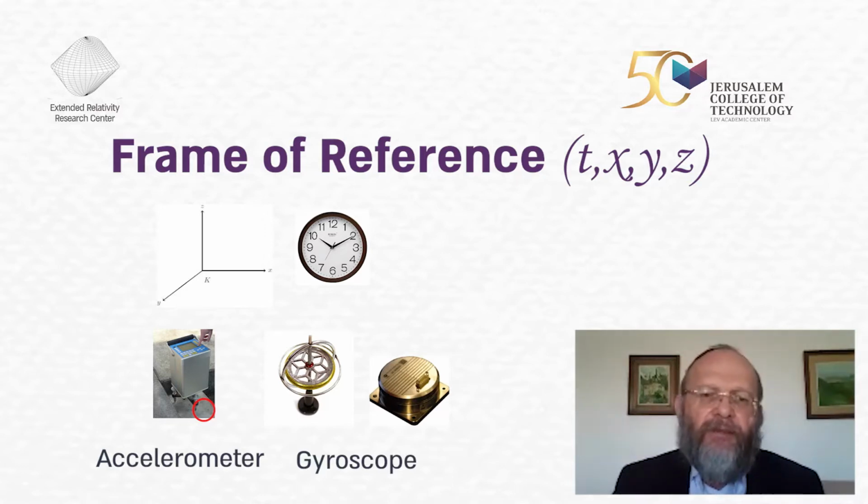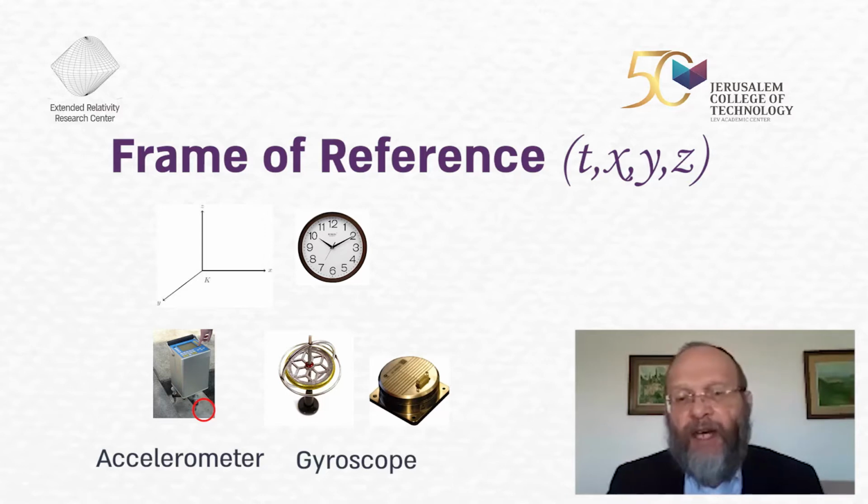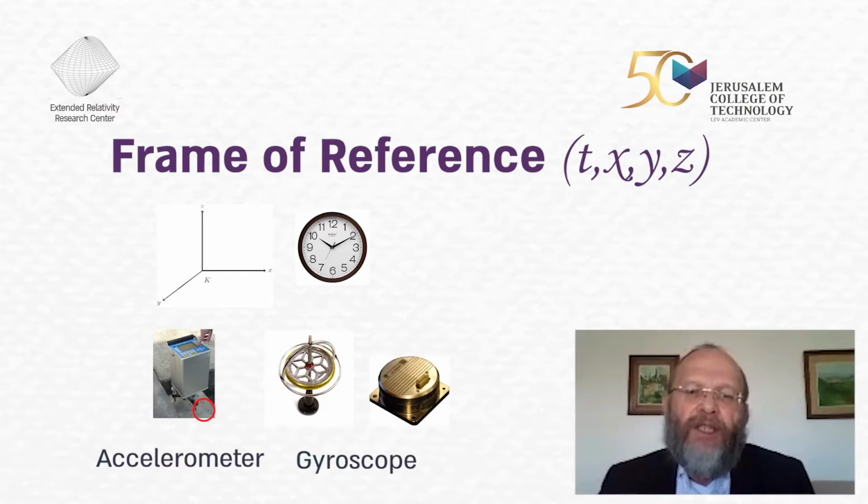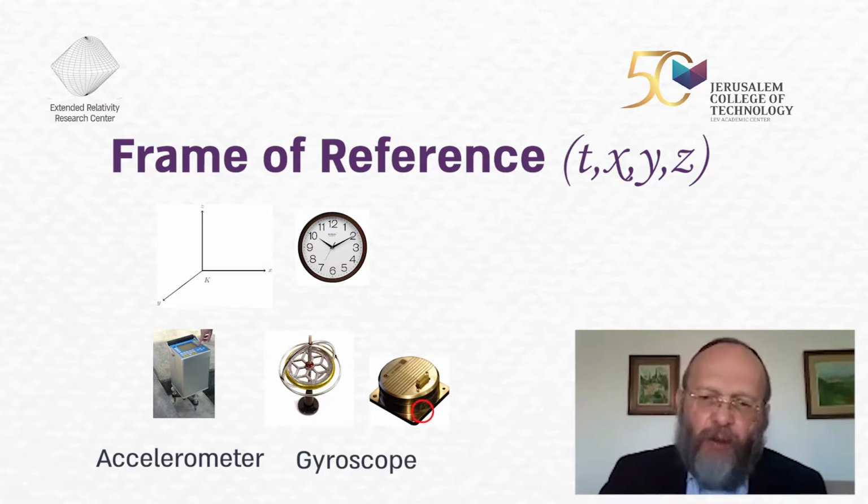There is another device you need to understand if you are not rotating. For this, you have a gyroscope. This is a mechanical gyroscope, which you see in the picture. But this one is more interesting: a fiber optic gyroscope, which is currently used.